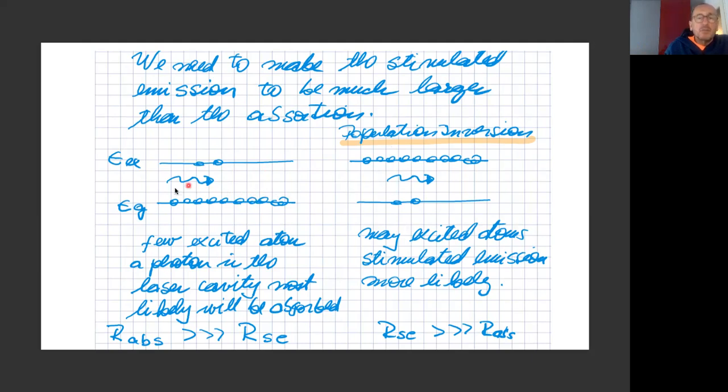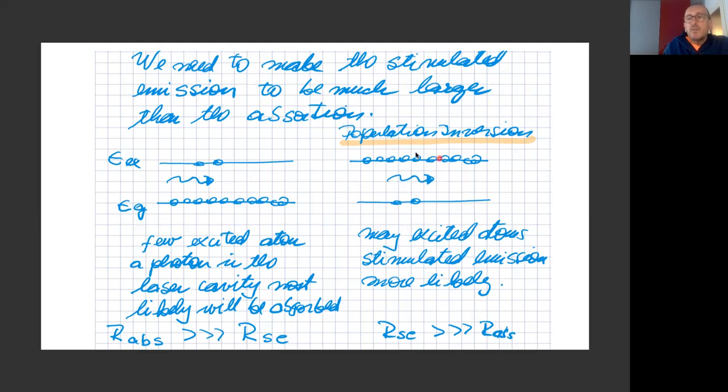I used the program to copy this and put it up here, and copy this and put it down here. So what I've done graphically is invert the population. I need to have all the excited atoms in the upper state and very few in the ground state.